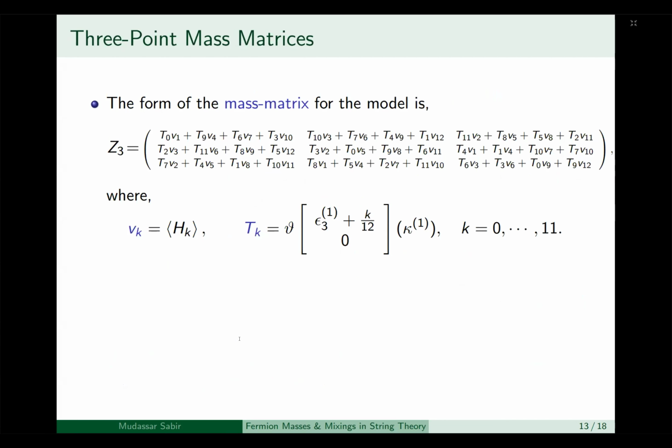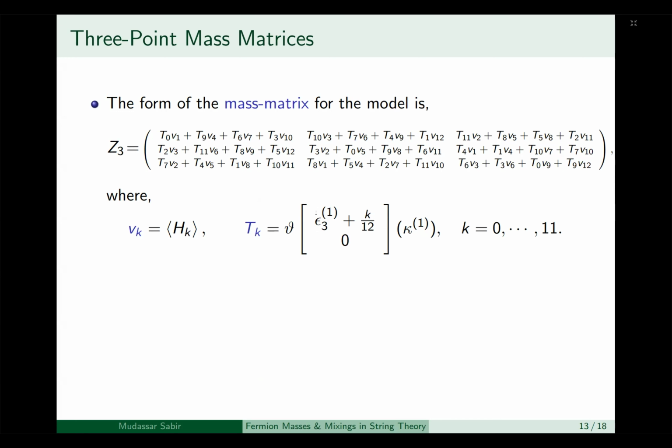And for our model 22, the form of the mass matrix is the following. It's a 3 by 3 matrix where each entry has 4 terms, and each term has a Higgs wave, which is V1 up to V9, and a 3-point coupling from T0 up to T11. So Vk is some Higgs wave, and Tk is the 3-point coupling, and all these couplings are fixed.